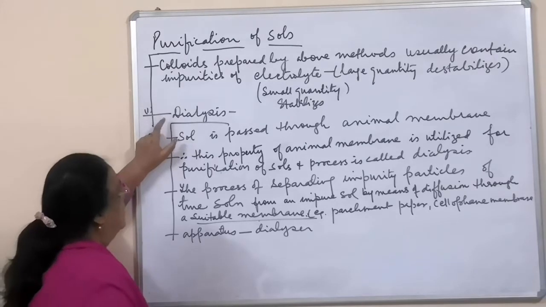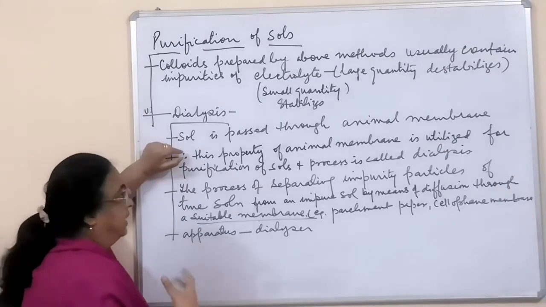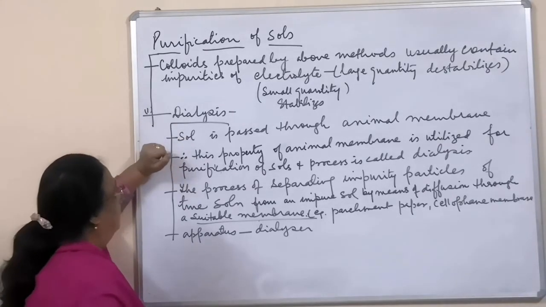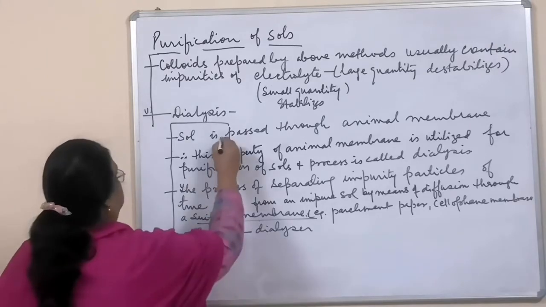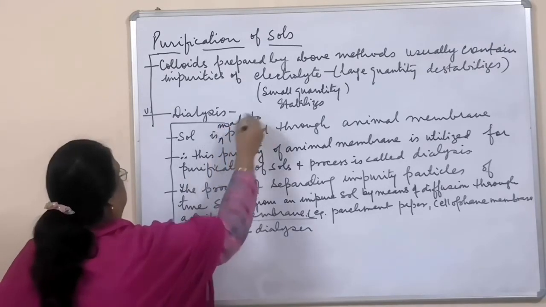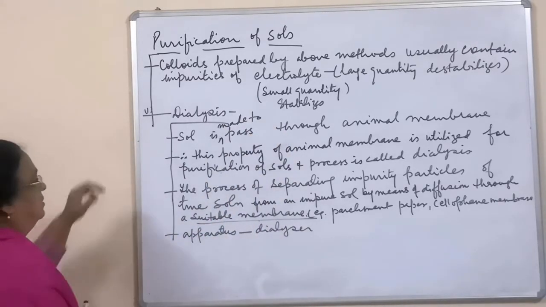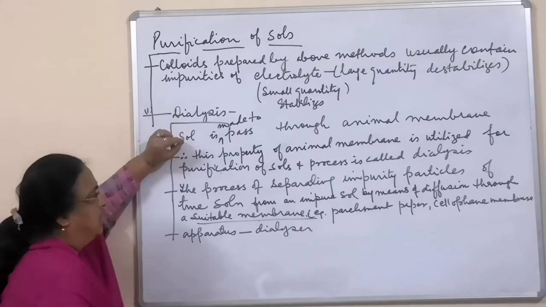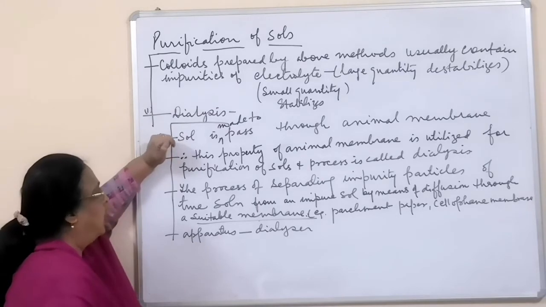So the first method is dialysis. As you know, sols are retained by an animal membrane. The colloidal particles cannot pass through it, so the sol is made to pass through an animal membrane, and this animal membrane will remove all the impurity from the sol.